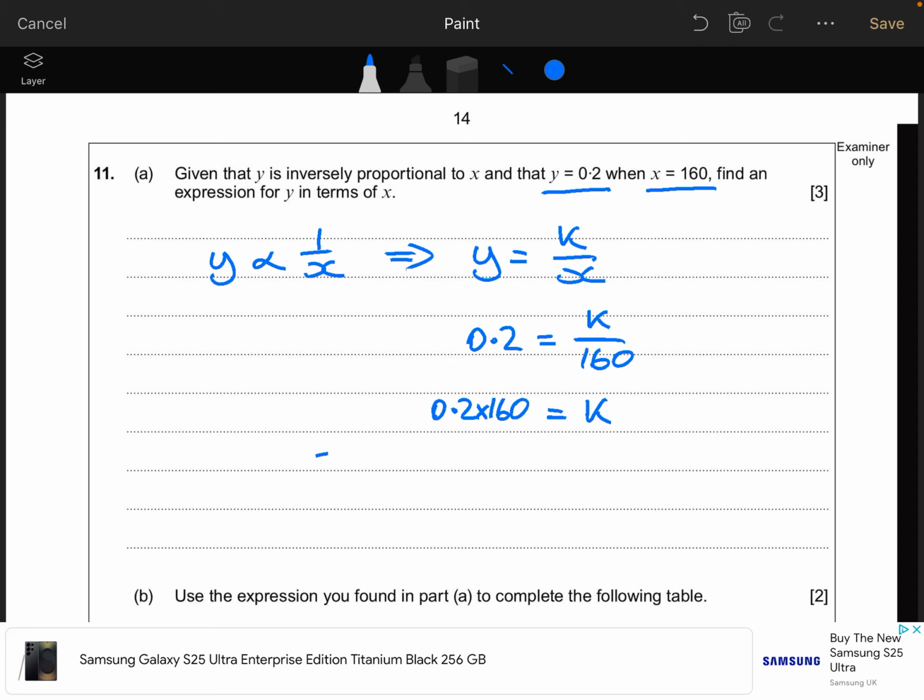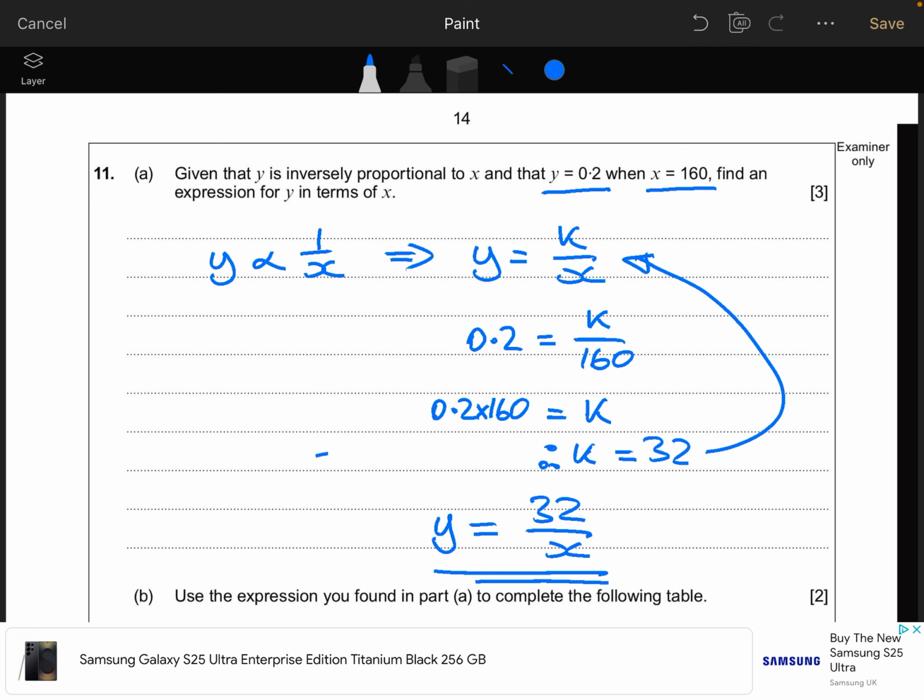Therefore k is equal to 32, and then going back to the equation here, our equation is y is equal to 32 over x, and that is my answer, y equals 32 over x.